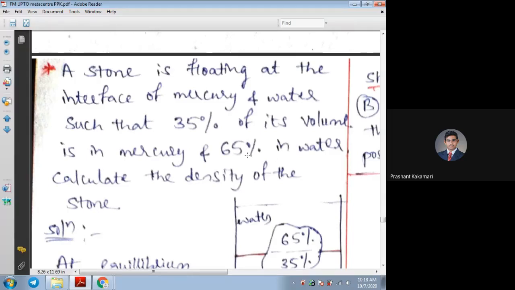Now in this problem we need to calculate the density of the stone. So again you can recall the earlier problem.